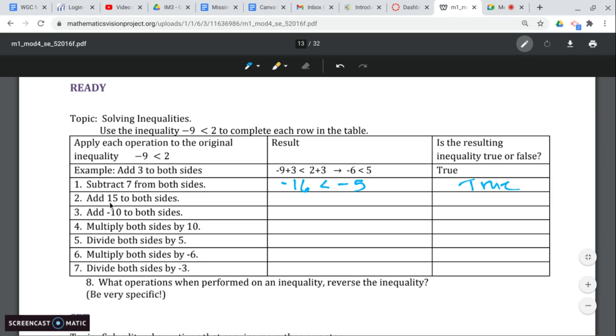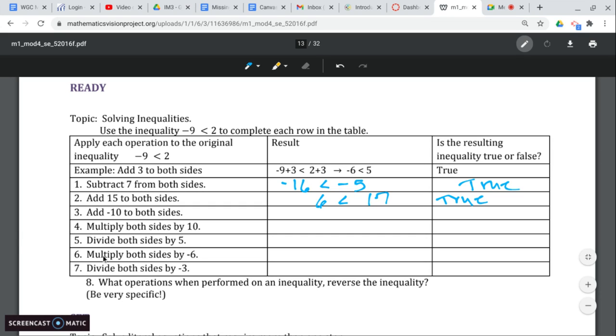All right, for number 2, add 15 to both sides. -9 plus 15 is going to give us 6, is less than 2 plus 15, which is 17. Is 6 less than 17? Yes, so this is also true.